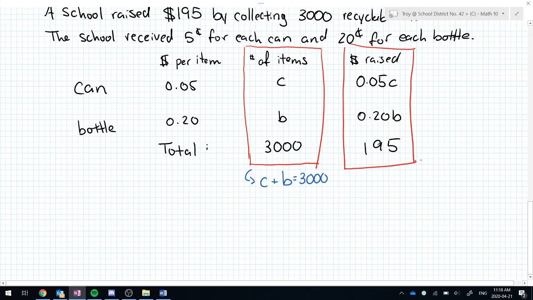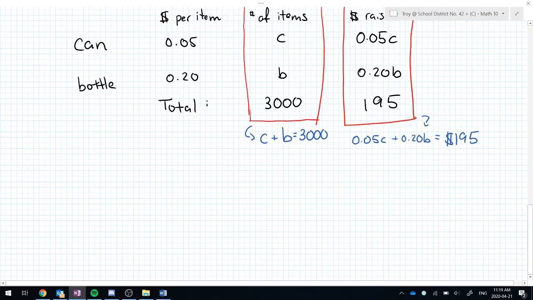We also know that however many cans we recycled, times 5 cents, added to however many bottles we recycled, times 20 cents, has to add up to the amount of money we raised, which is $195. That's what we got from the question. So that's our system right there.